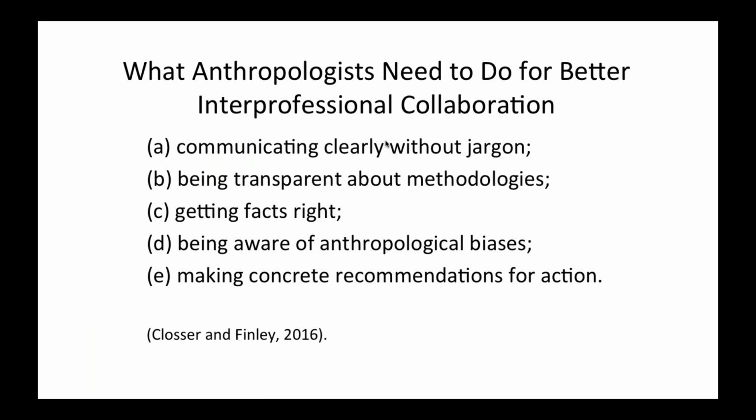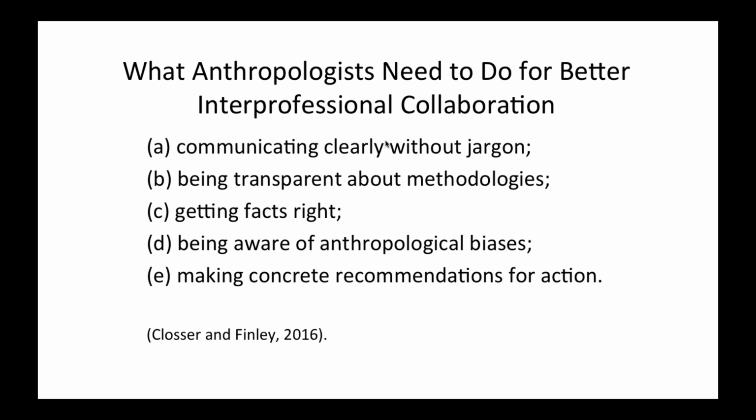And then finally, if there are problems in collaboration, anthropologists are always partly to blame. These are five ideas that Closer and Finley have suggested for better collaboration: anthropologists need to write without jargon.